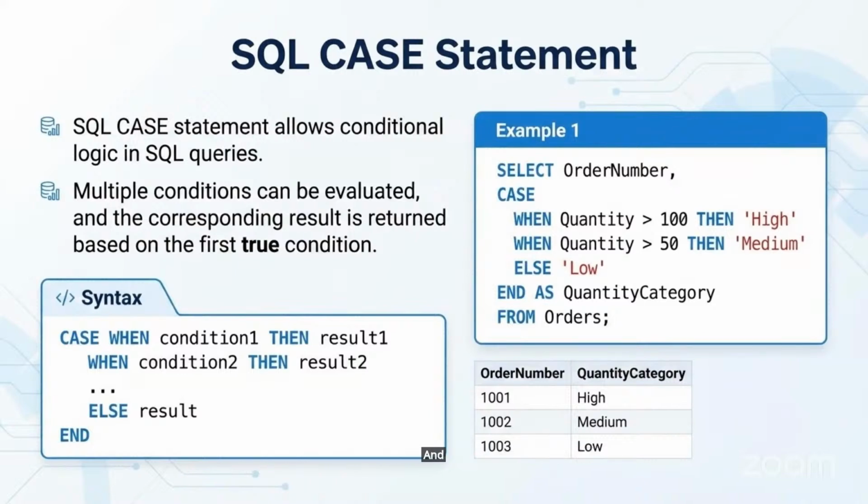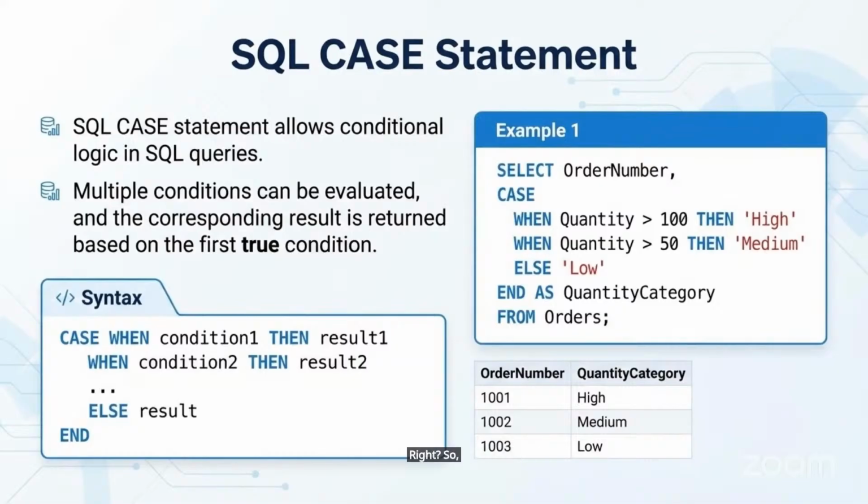And based on the quantity value within the table, if it's more than 100, so that means if this order number has made 100, instead of returning 100, you want it to return in the newly created temporary column called quantity category the level where it's either high, medium, or low, right?